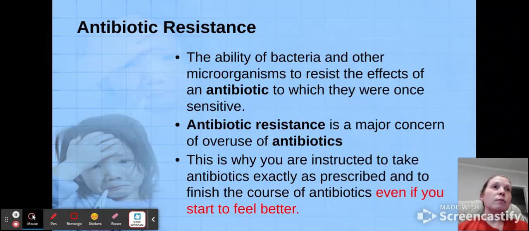So, for instance, I'll just use my daughter as an example. She had ear infections multiple times. They give you an antibiotic for ear infections.